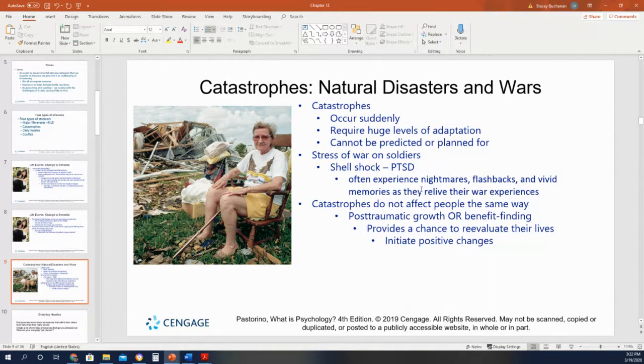Because people who go through post-traumatic growth reevaluate their lives, so they find what means the most to them, and then it helps them initiate positive changes. So they may decide, oh, I lost everything, so maybe I don't need a lot of stuff.